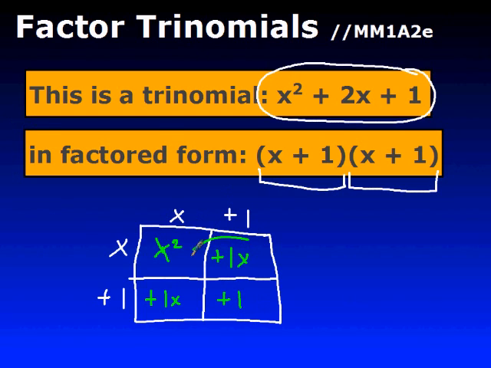The like terms are located here on the diagonal. Let's add those together and write the final expression. X squared plus 2x, combining my like terms, plus 1. Indeed, these are the factors of x squared plus 2x plus 1, as we confirmed here with multiplication.